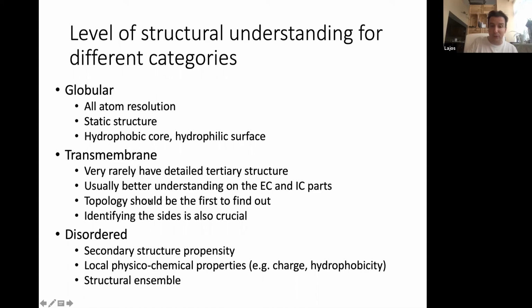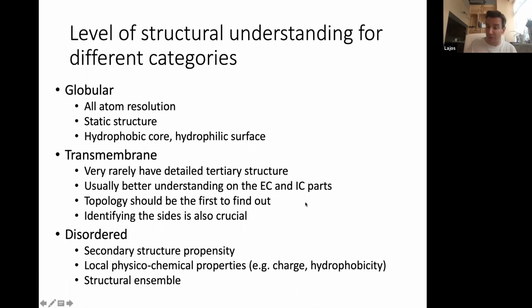So if your protein is in the transmembrane category, then as I said, it's very rare that you will have any tertiary structure known in the PDB, but you can have a very good understanding of the extracellular and intracellular parts.